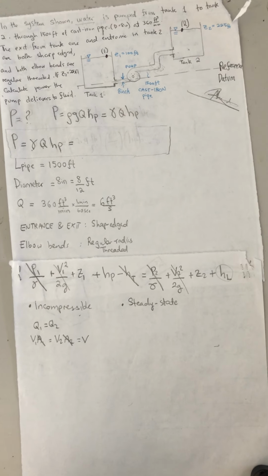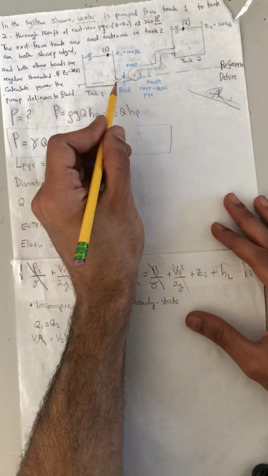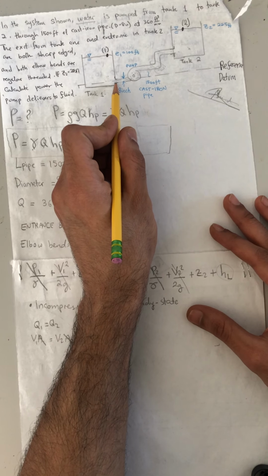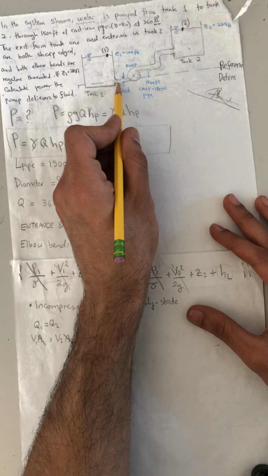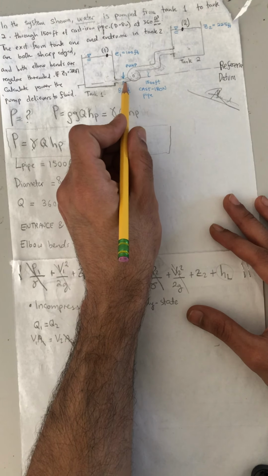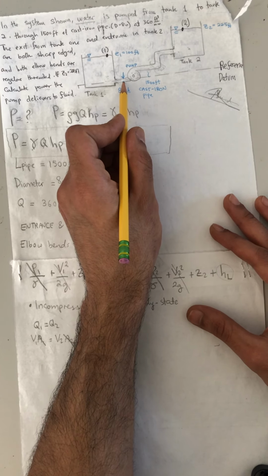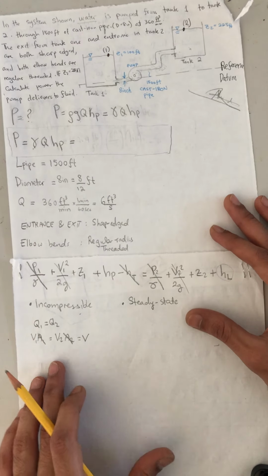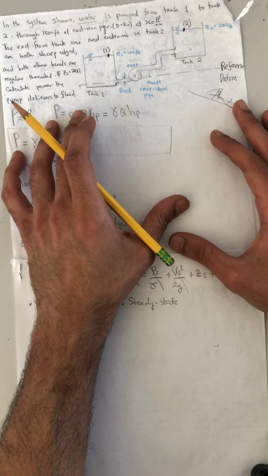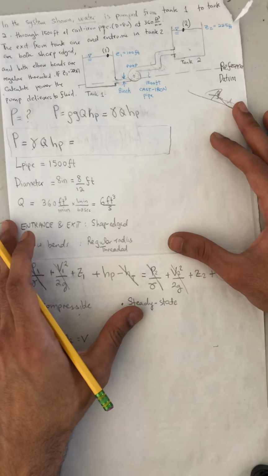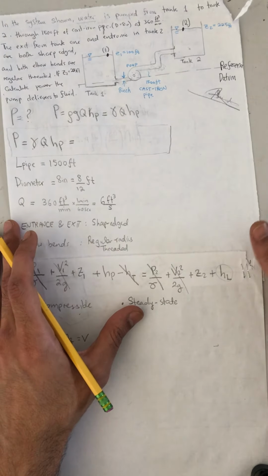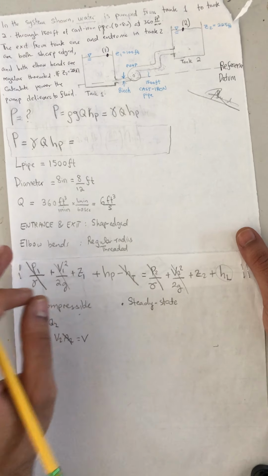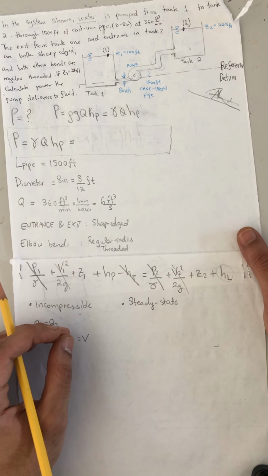We also know that we have a flow that is developing at the entrance region, and then it gets fully developed into the straighter section of the pipe. We will go into more depth on the velocity profile in the entrance of tank 1.